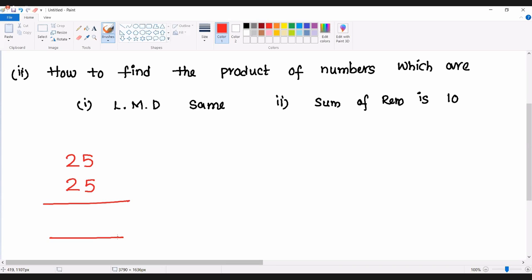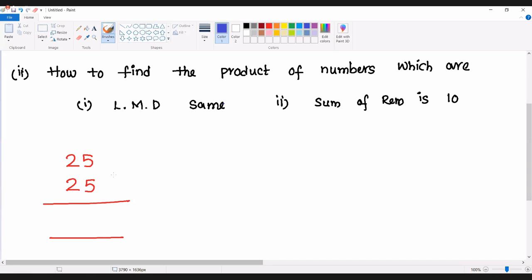That's why I'm using this trick. But this trick is helpful if and only if the numbers follow these two properties. The first property is that the numbers should have the same leftmost digit, and the second property is that the sum of the remaining numbers should equal 10. When these two properties are obeyed, you can use the trick.